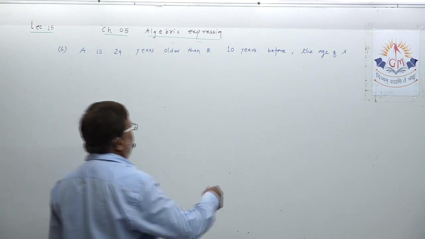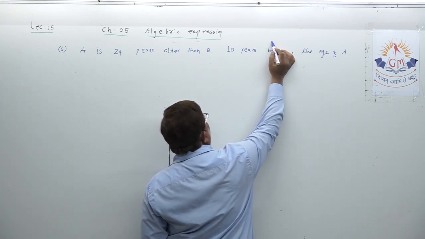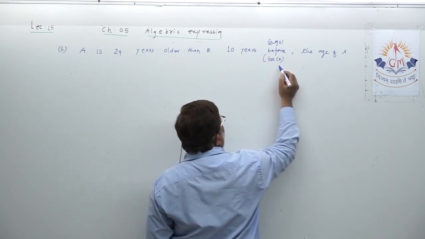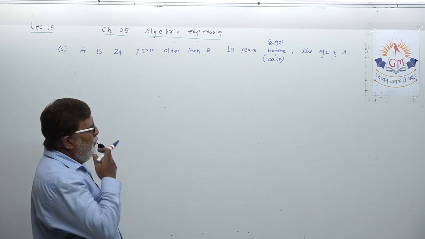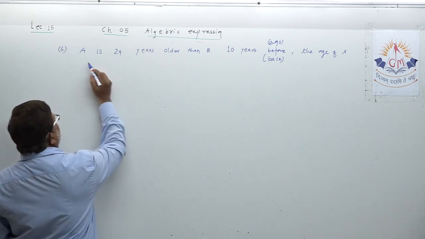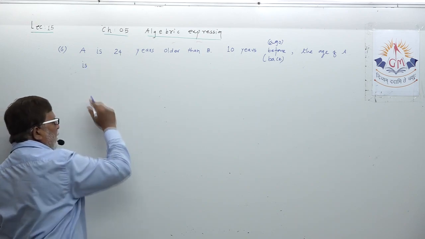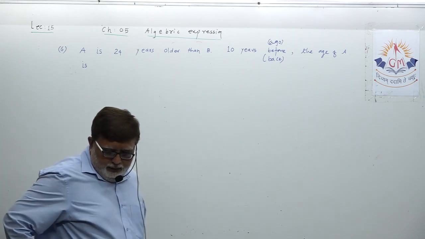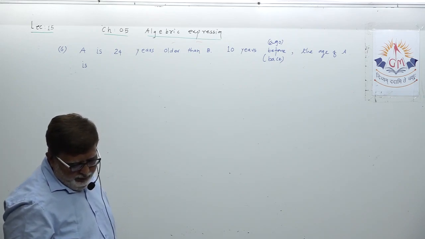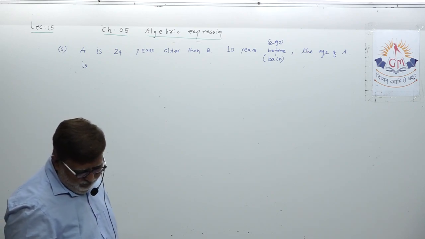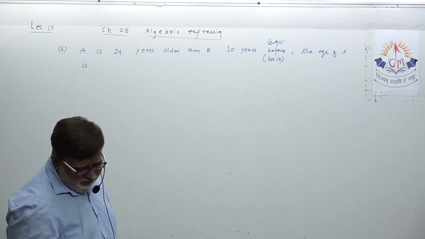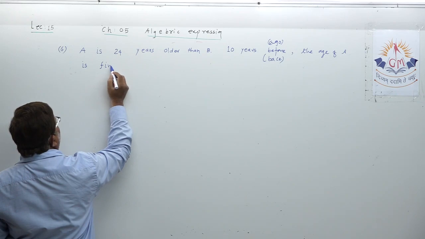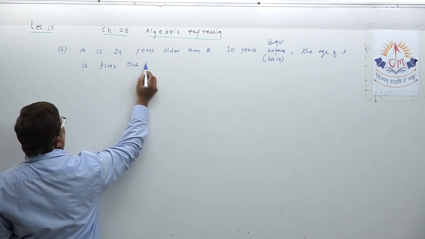Sometimes they can utilize words like 10 years before, 10 years ago, 10 years back, all have the same meaning. The age of A is 5 times the age of B.